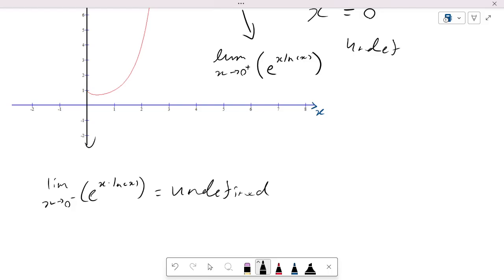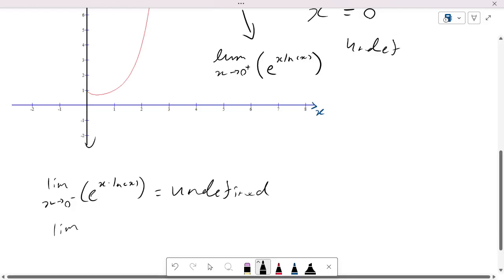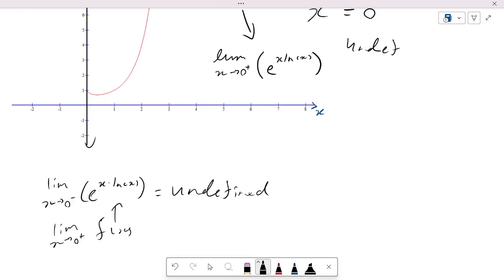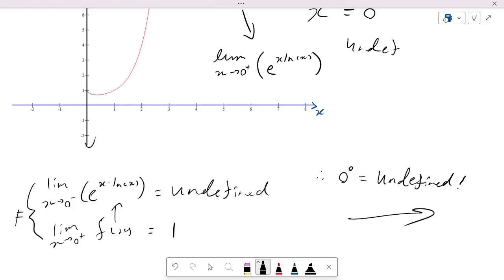And then because of that, if we compare this to the right-hand side, the limit as x approaches 0 from the right-hand side of f of x, which is exactly that one, should give you an answer of 1. We can clearly see that the limit does not exist, because the two sides are not equal to one another. So therefore, we can also prove over here, using limits and a function, that 0 to the power of 0 is undefined. How cool is that, man?